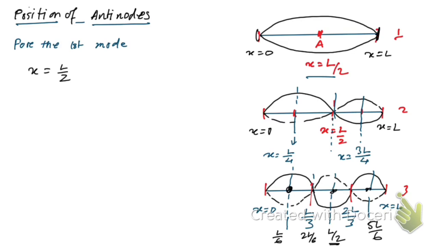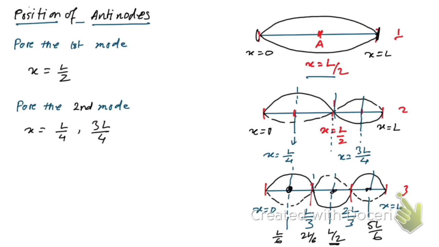And for the second mode of vibration, we're going to get x equal to L by 4 and 3L by 4.